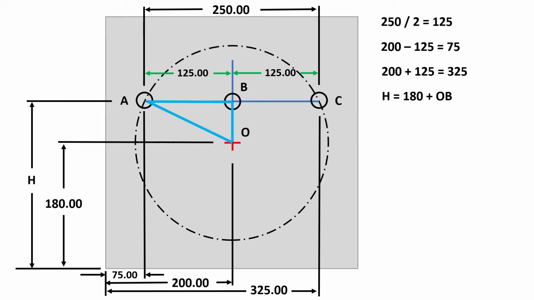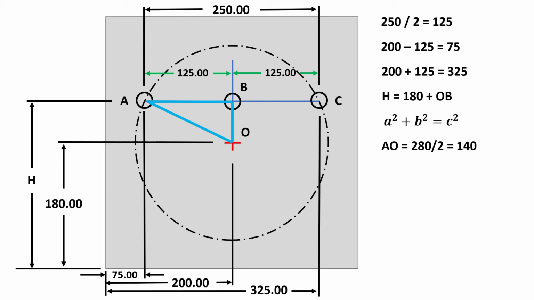To solve OB, we need to use Principle 9. As a reminder, Principle 9, the Pythagorean theorem, states a squared plus b squared equals c squared, where c is always the hypotenuse. AO is the hypotenuse and is equal to the diameter divided by 2.